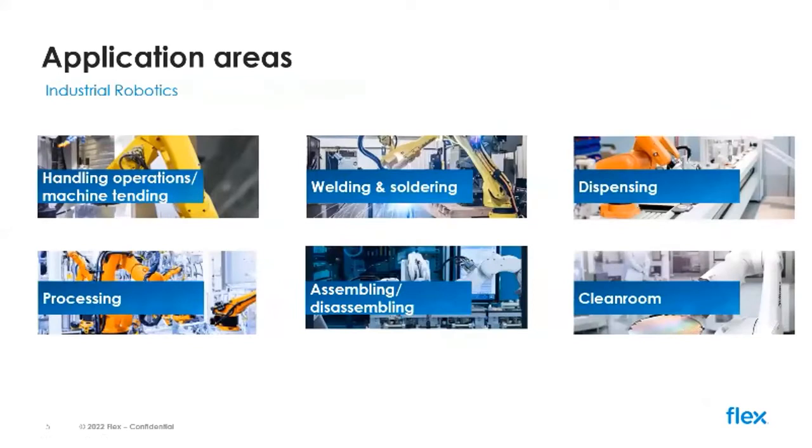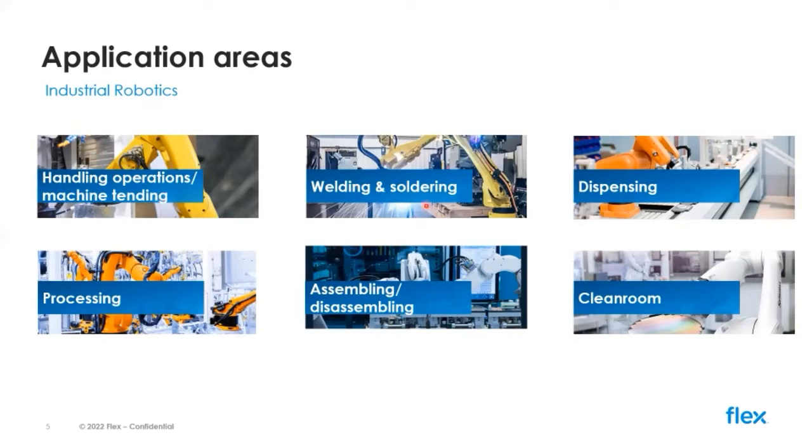So some of the applications involved in industrial, I've touched on already, include the handling operations and machine tending. So robots working alongside machines, being able to lift equipment into machines and provide additional services within the manufacturing operations.